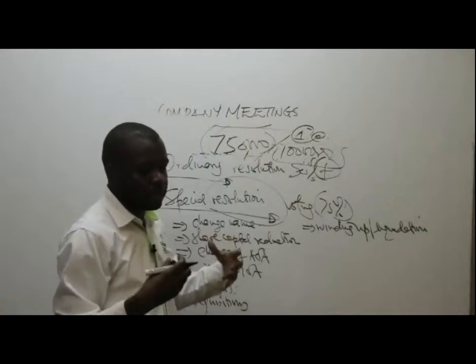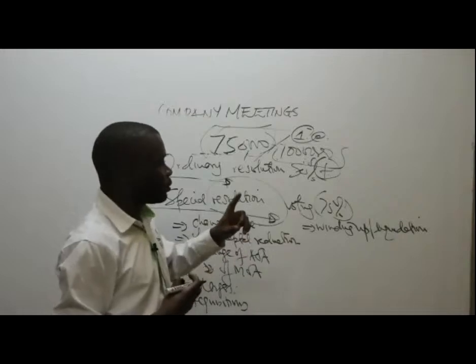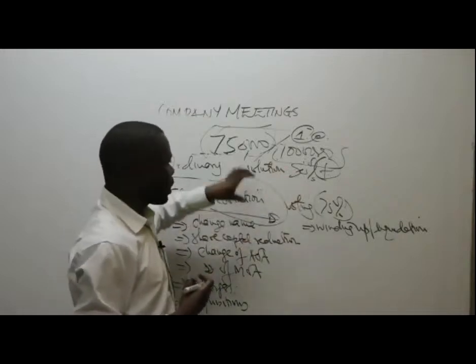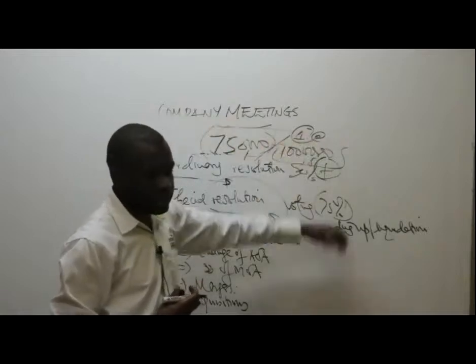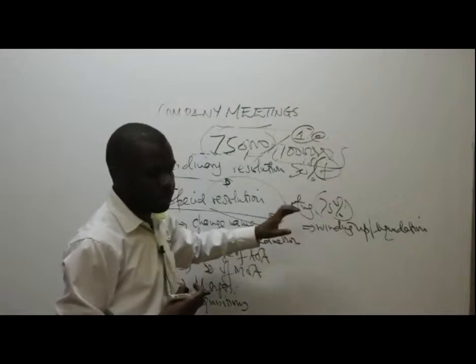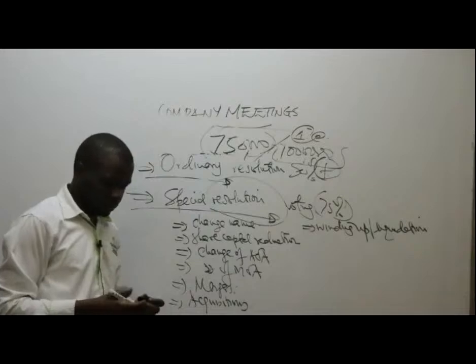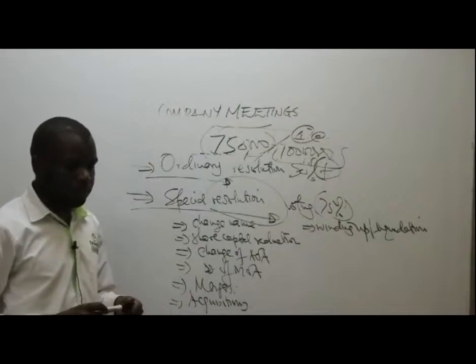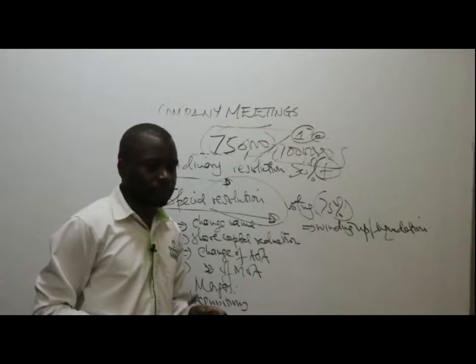So if you have a million members with one share each, totaling a million shares, those controlling 750,000 shares out of a million are controlling 75% of the voting rights, so they can approve a special resolution. I hope I'm clear on that. Yes, thank you.